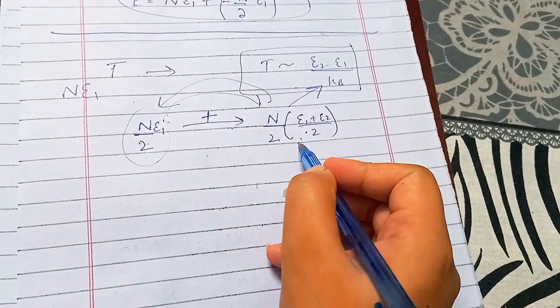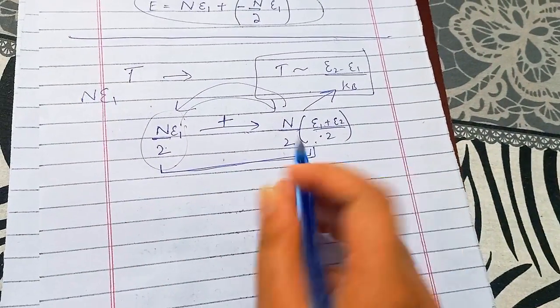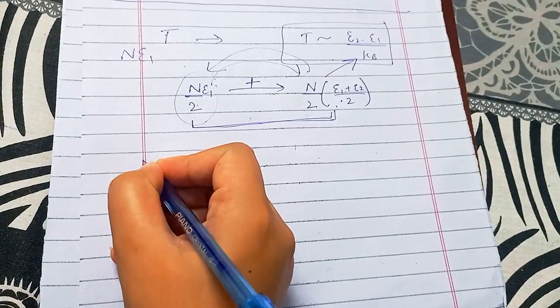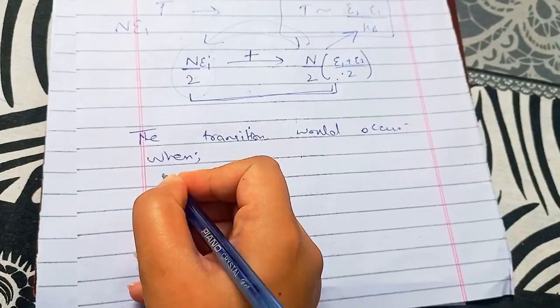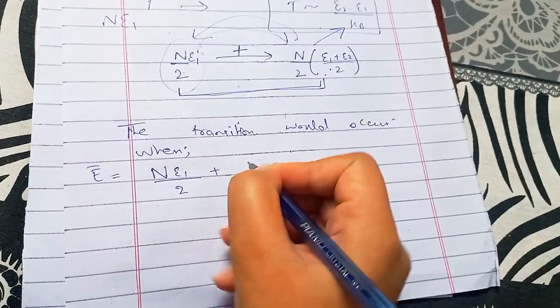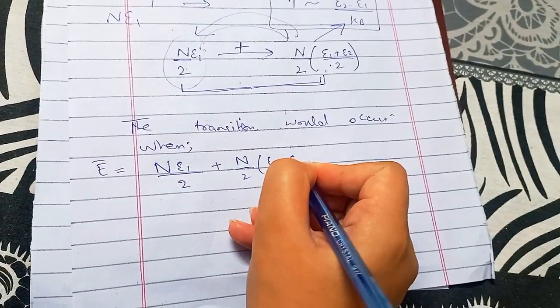So this is the total energy at the point where the transition will occur. So at the transition, the average energy equals E1 by 2 plus N by 2 times E1 plus E2 by 2.